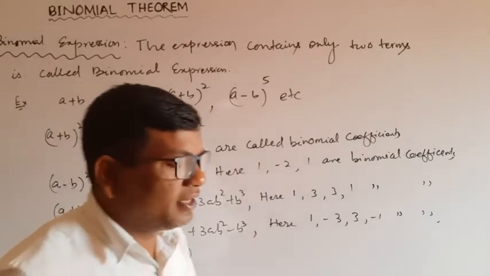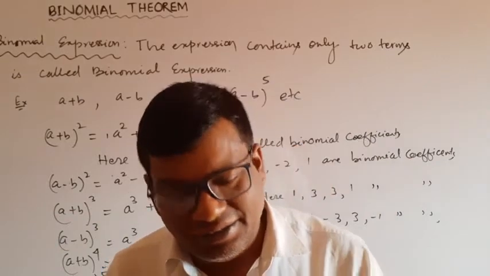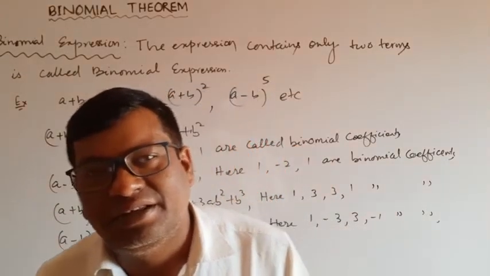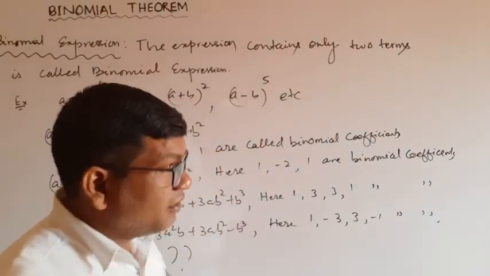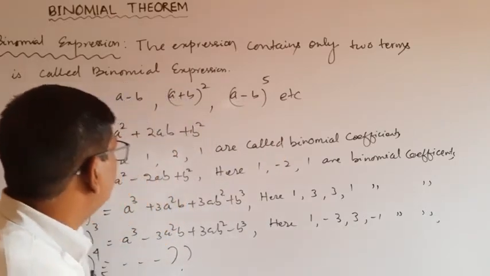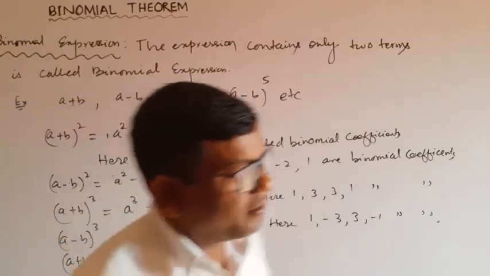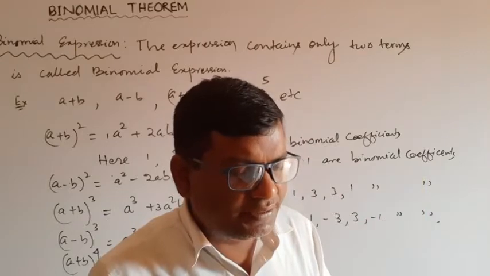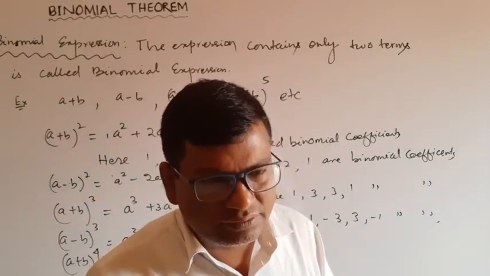If one asks you what is (a plus b) whole to the power 7, then your fluency will stop there. To overcome this difficulty, to find the binomial coefficients, one method is applied.